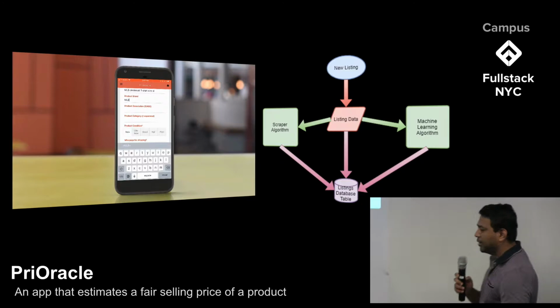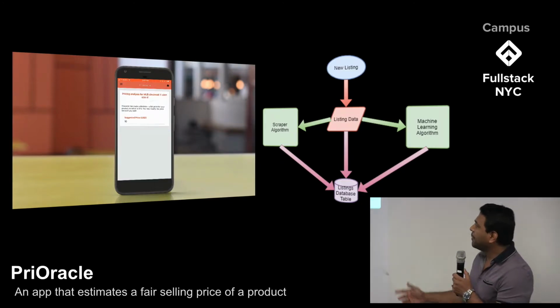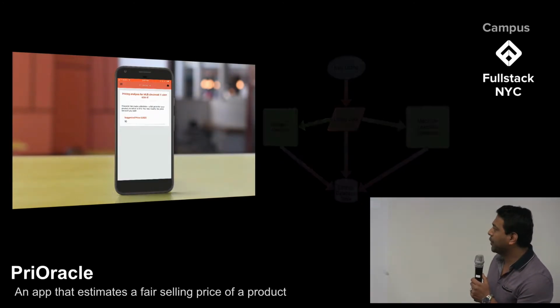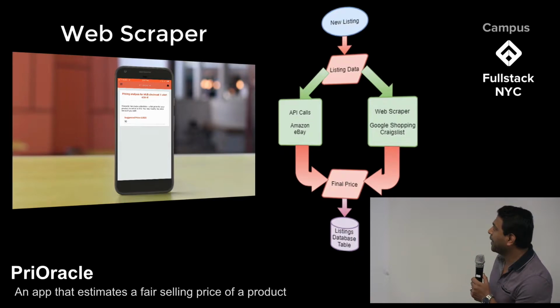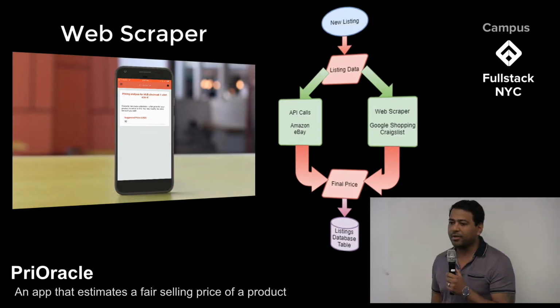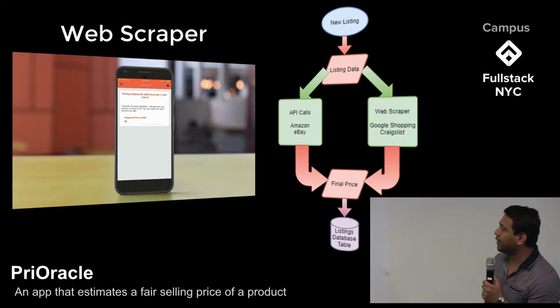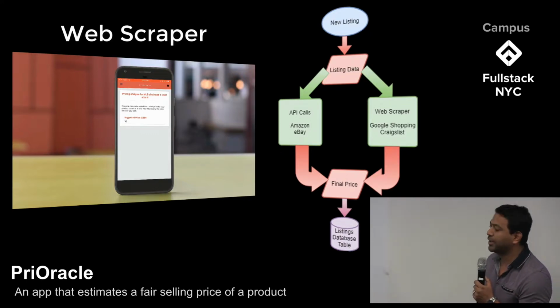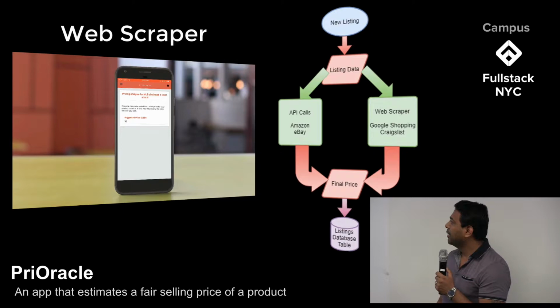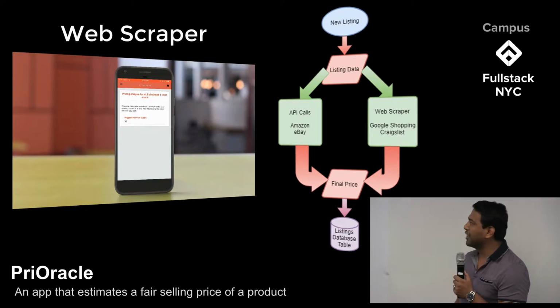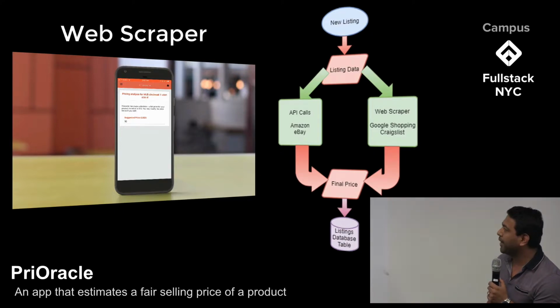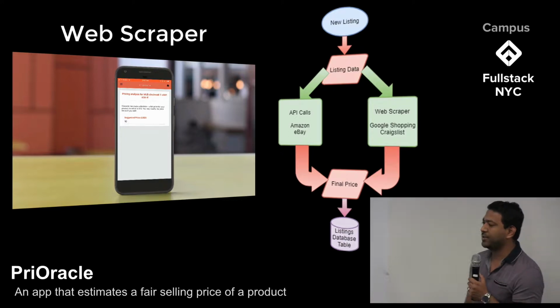Hey, thanks, Josh. As you can see, the pricing algorithm is made up of two components: one is the scraping algorithm and one is the machine learning algorithm. The scraping algorithm is basically a program that scrapes the internet for relevant data and then incorporates it into calculating the scraper price. For PriOracle, we decided to use Amazon, Google, eBay, and Craigslist.